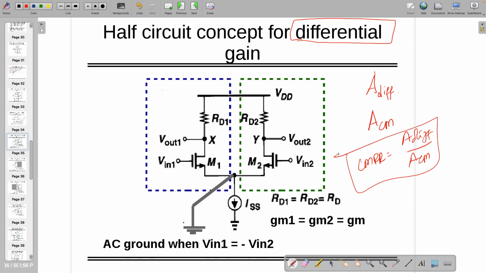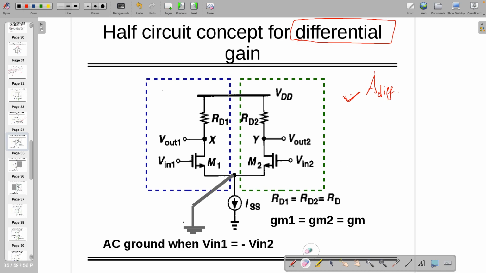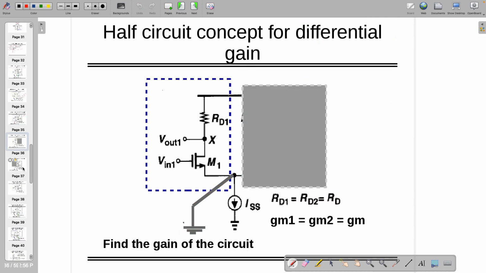So the first quantity which I want to find out is the differential gain. When I'm doing this, this particular node goes to 0. It's a virtual ground.